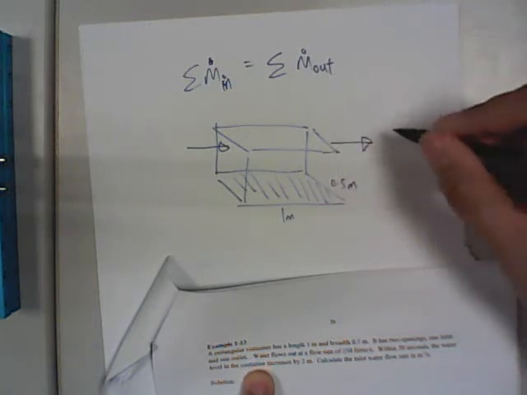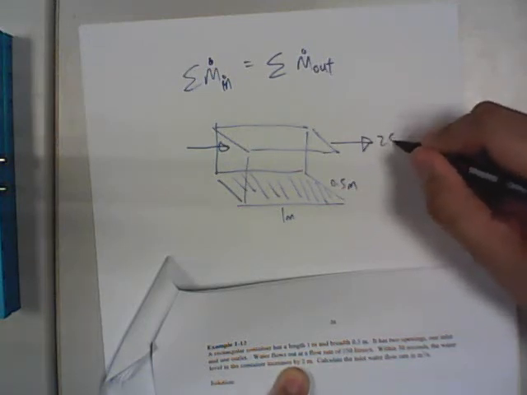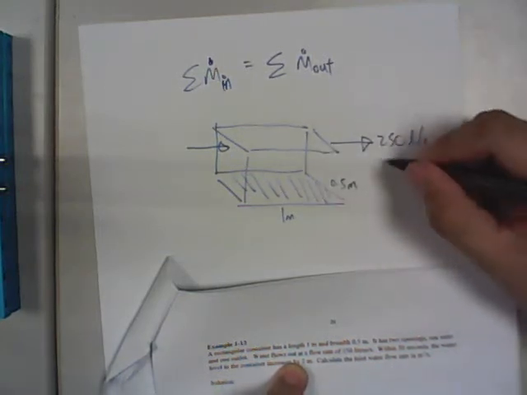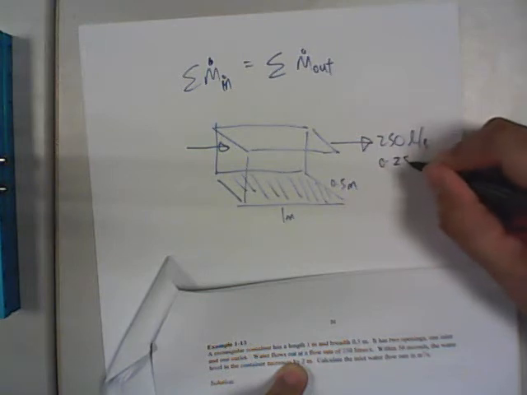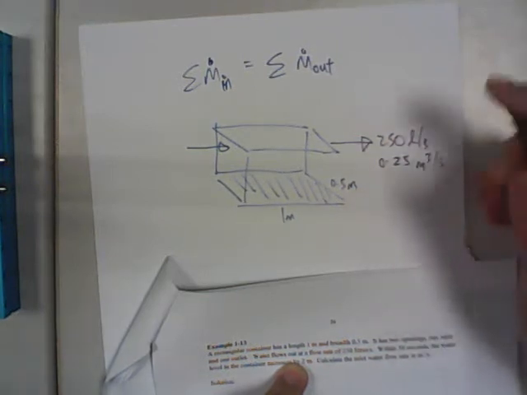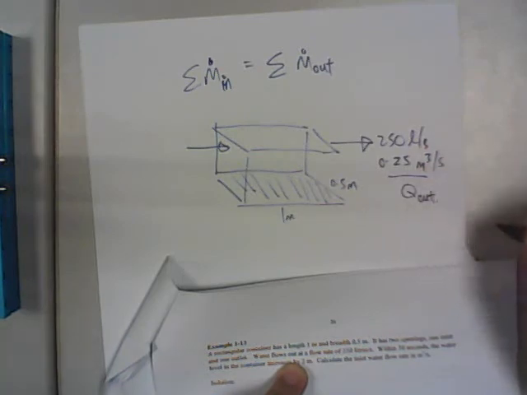So water is going out at 250 liters per second. Immediately you can convert it to meter cube per second, which will be 0.25 meter cube per second. Just divide by 1000. So this is Q out.